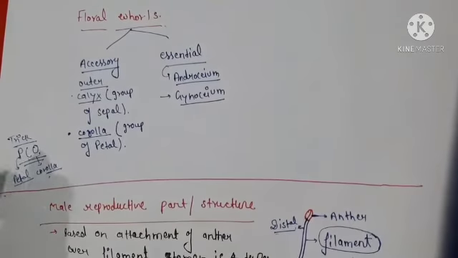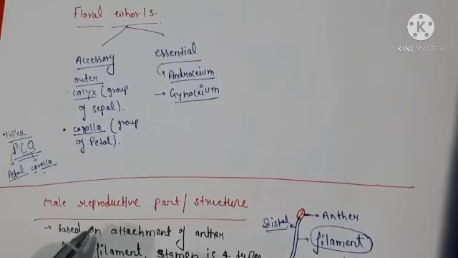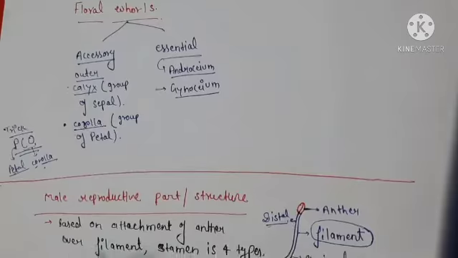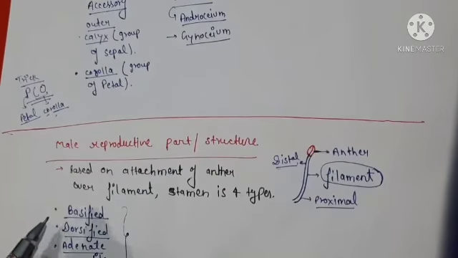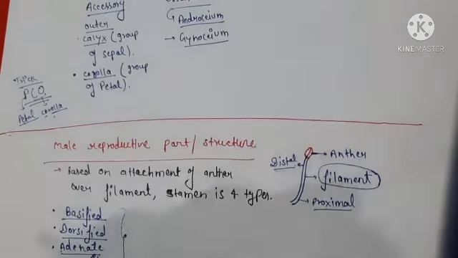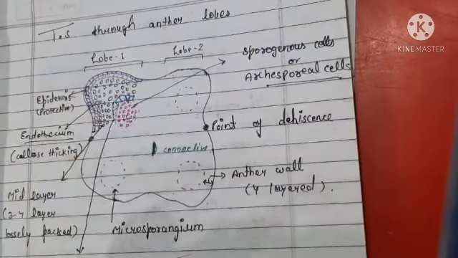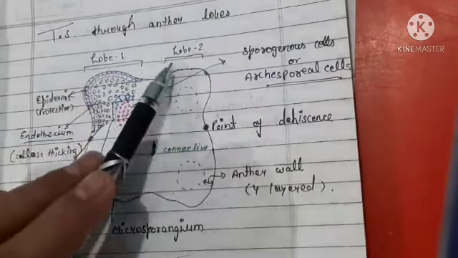Here we discuss the trick, how we learn. We have to know PCU. P stands for petals, CU for corolla. So a group of petals is called corolla. Later we discuss the male reproductive part. Based on attachment, it is of four types: basifixed, dorsifixed, adnate, and versatile. After that, we discuss the transverse section of anther lobes.